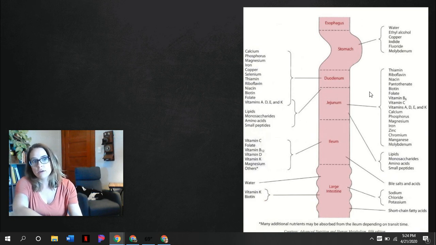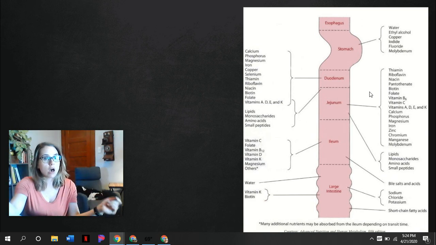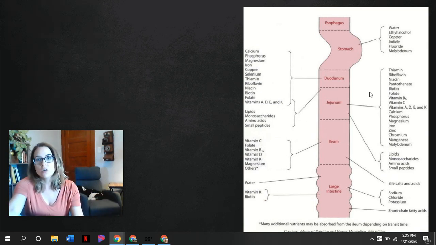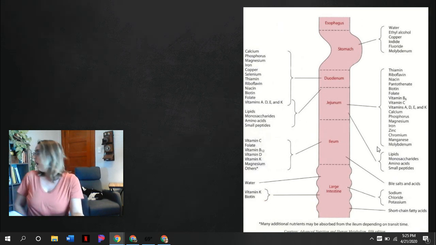It's very long, even though it's small in diameter, because it does such a good job at absorbing. So there's tons of vitamins and minerals listed here that get absorbed. But notice the lipids.